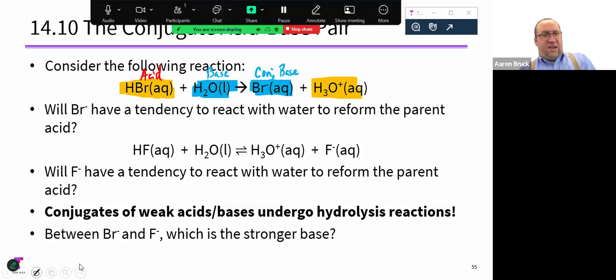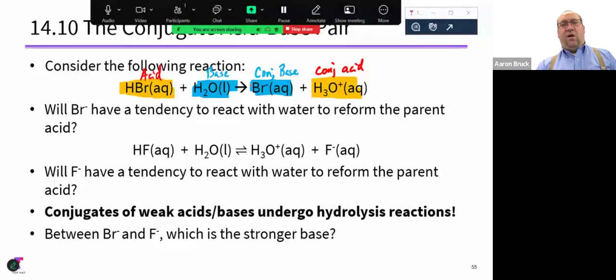And the hydronium, same thing. The hydronium is a conjugate acid to the water, where if we find hydronium acting as an acid, it's going to reform the water.